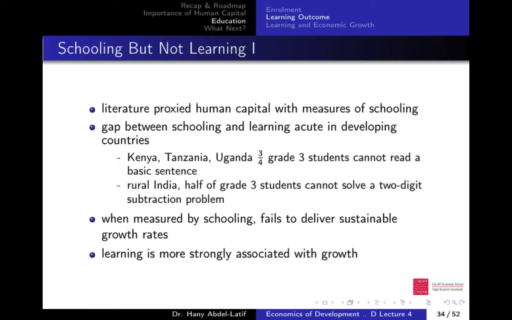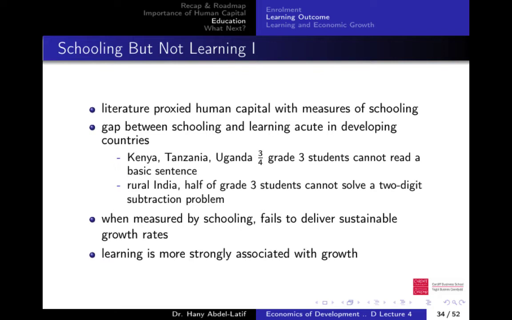As I said before the break, most of the research in the literature focuses mainly on enrollment when it comes to measuring educational outcomes. We saw some improvement in the declining trend of the number of out-of-school children, and most of the literature uses schooling, so enrollment, to measure human capital.